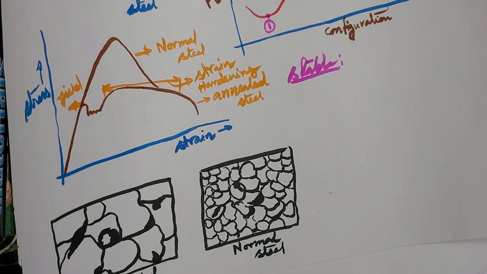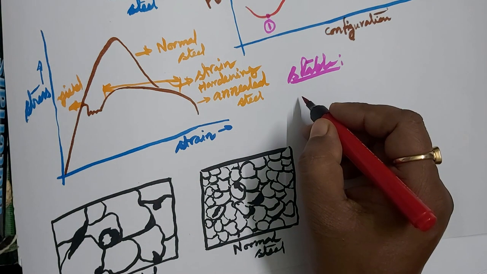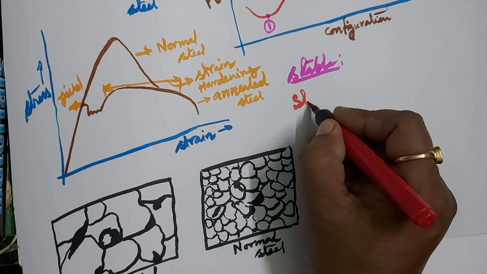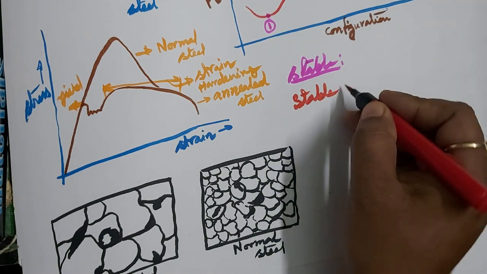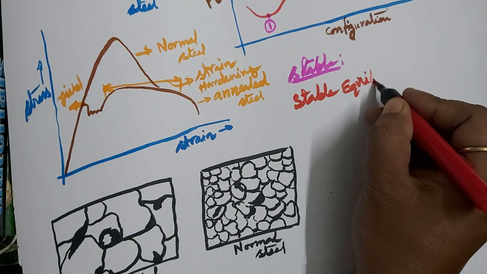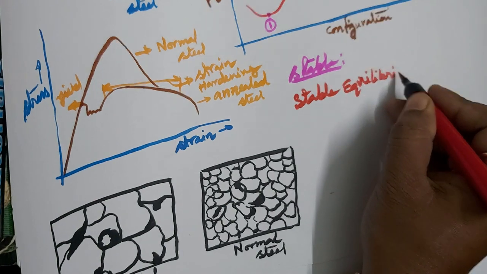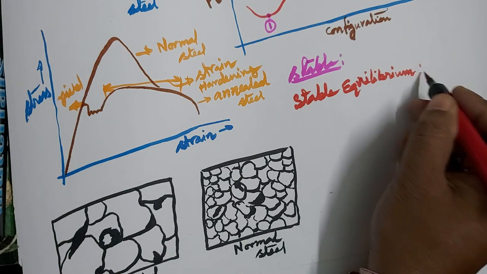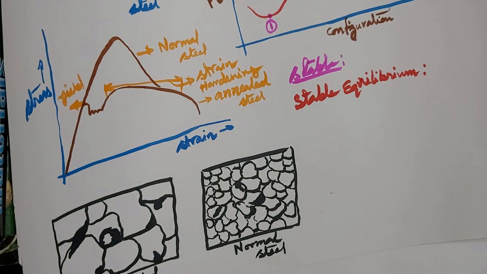First is stable equilibrium. Stable equilibrium means minimum energy. It will have the minimum energy.